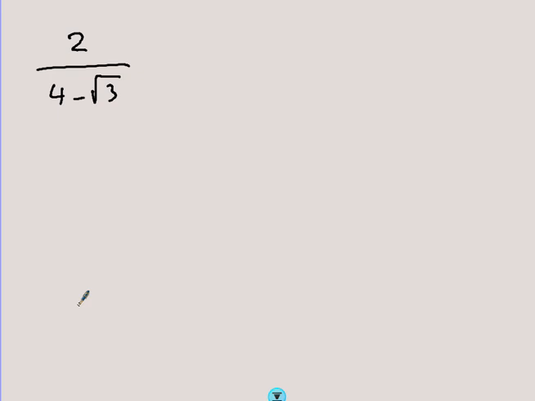And in this case, we multiply by 4 plus root 3 divided by 4 plus root 3. Keep in mind that this new fraction that we multiply by is equal to 1. But 4 plus root 3 is what we call the conjugate of 4 minus root 3.